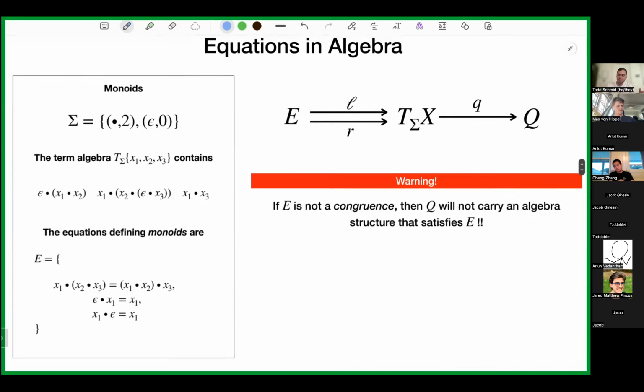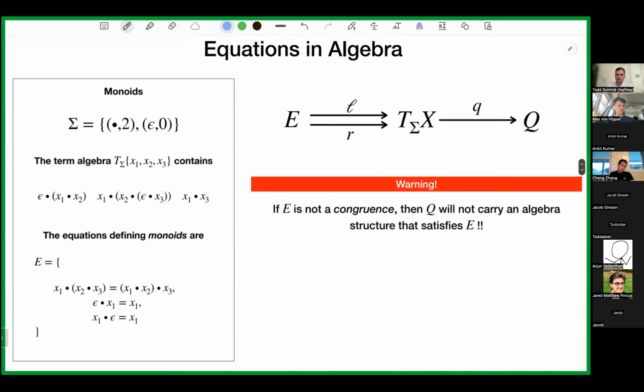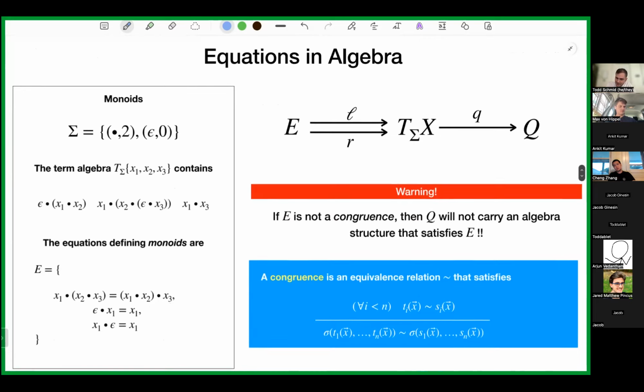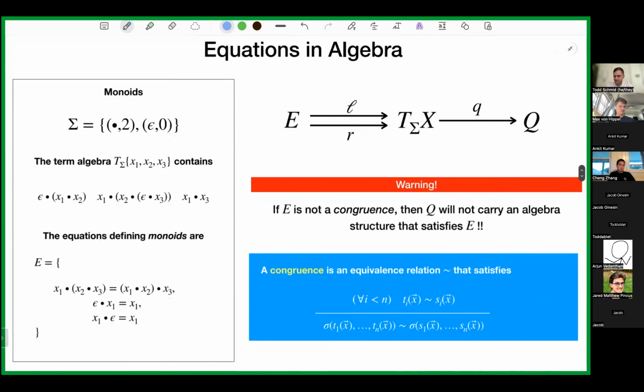We should close our equations under the usual rules that you would want an algebraic equivalence to satisfy. And we call these algebraic equivalences congruences.